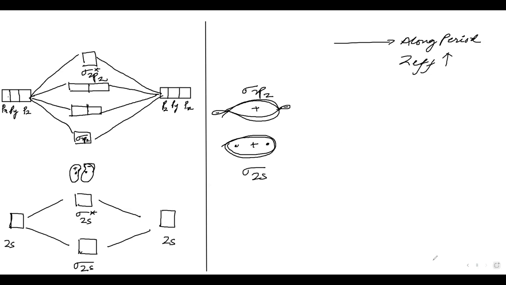Now I'm going to tell you one more thing, and you will tell me. Let us start with boron, carbon, nitrogen, oxygen, fluorine. This is the energy diagram. If I write 2s of boron here, this is 2s. Now the carbon will be below boron or above boron? What do you think? Above boron. No, below.